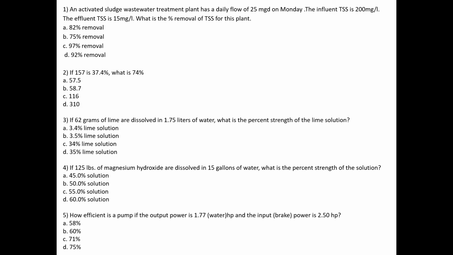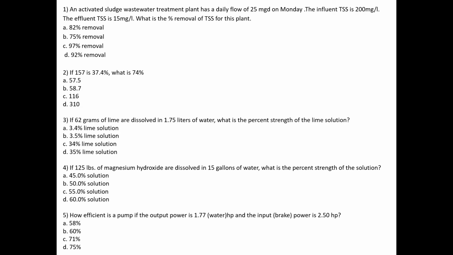And the choices are 3.4% lime solution, 3.5% lime solution, 34% lime solution, 35% lime solution. So the answer, whatever it's going to be, is going to be close to the wrong answer. And you could get messed up with a decimal place. They're telling you that in the answer choices. And you could very easily get the wrong answer by missing something in this problem.